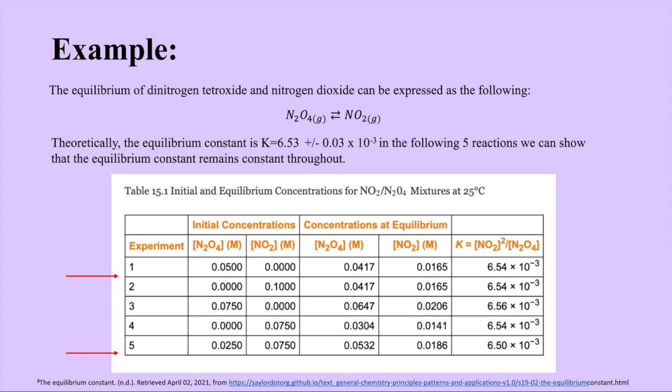In the following chart, there are varying initial concentrations of dinitrogen tetroxide and nitrogen dioxide, which will lead to different concentrations at equilibrium. Despite these different values, the equilibrium constant remains approximately 6.53 times 10 to the negative 3. I will demonstrate how the concentration at equilibrium will be obtained using the initial concentrations in experiment 1 and 5.